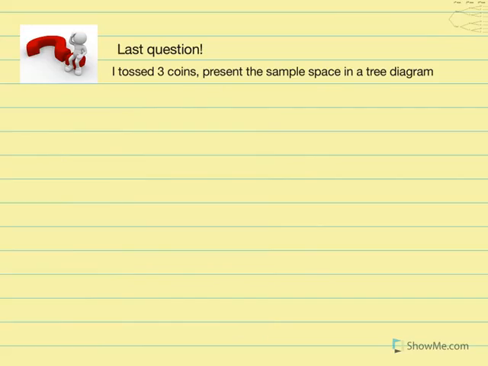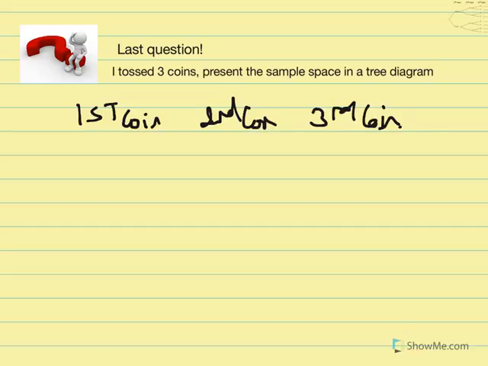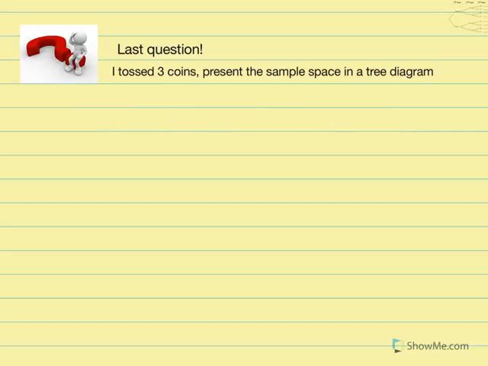Okay, last question. Let's say I tossed 3 coins to represent the sample space in a tree diagram. I want you to have a go at this one by yourselves. So my first coin, second coin, and third coin. Okay, have a go at drawing a tree diagram.